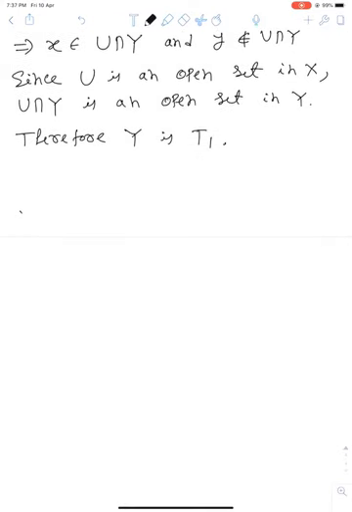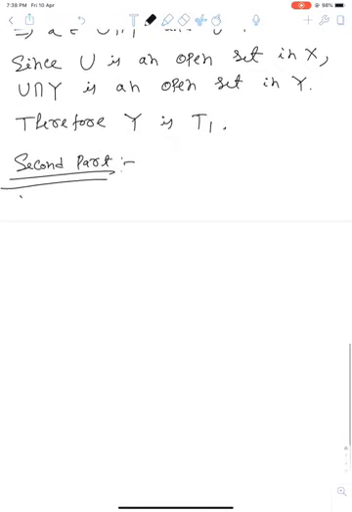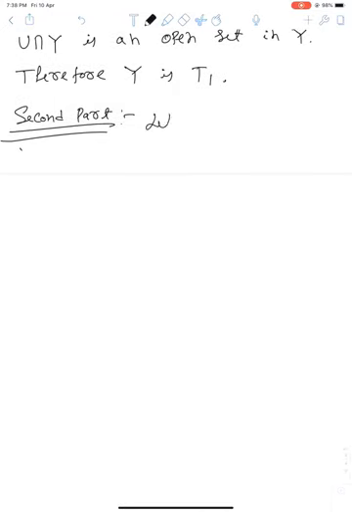Now here we move to the second part of the theorem. So let X alpha, where alpha belongs to some index set lambda, be an arbitrary family of T1 spaces.